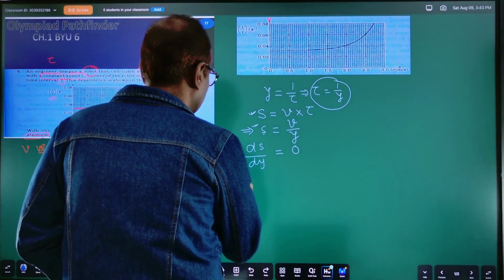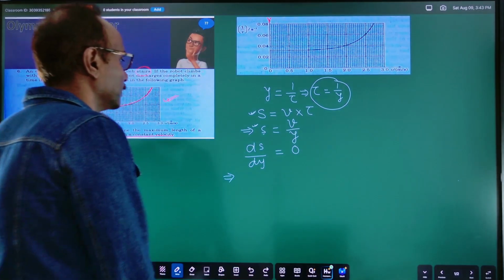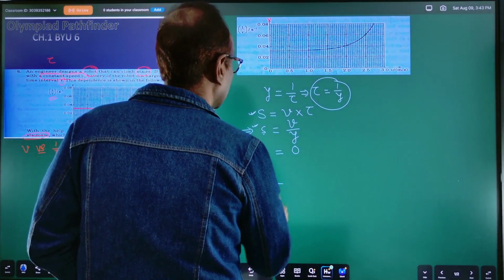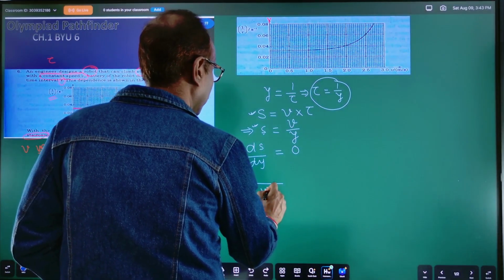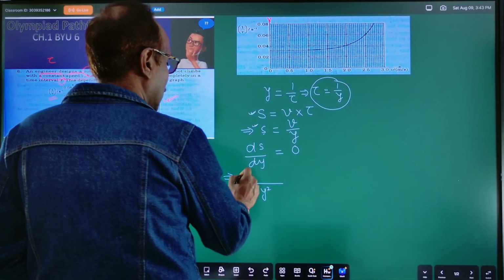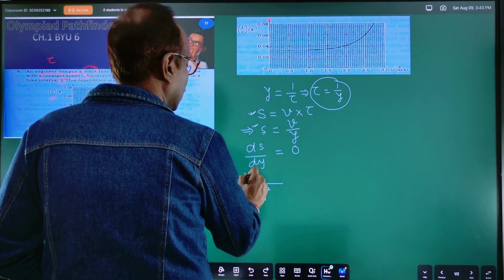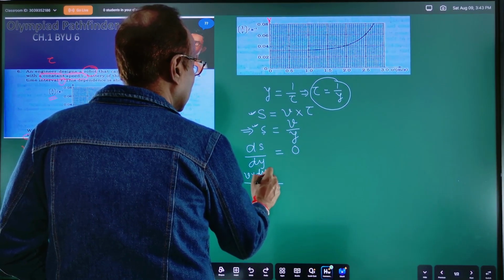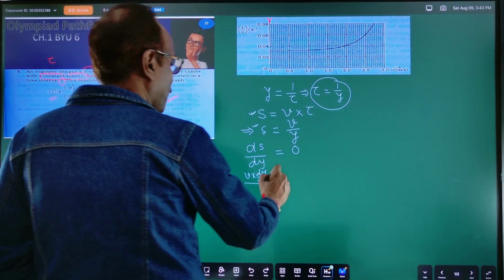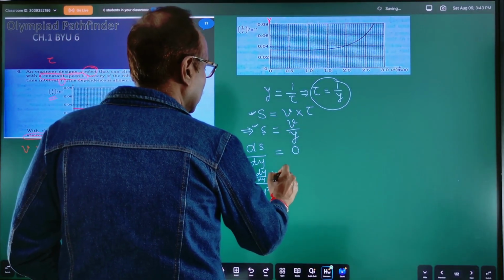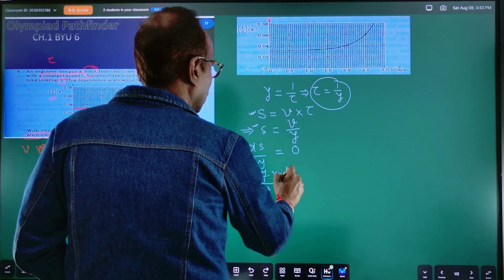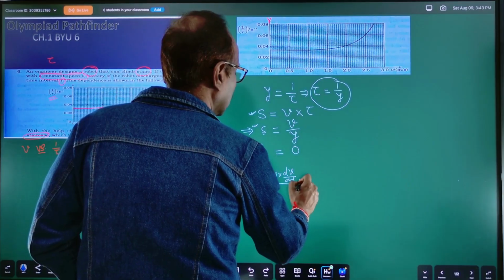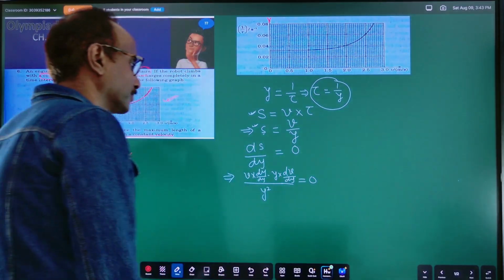So let us write ds by dy. By differentiation, you know it is 1 over y squared, into v minus y into dv by dy, and this is equal to 0.